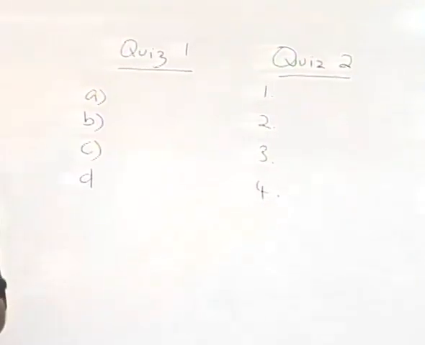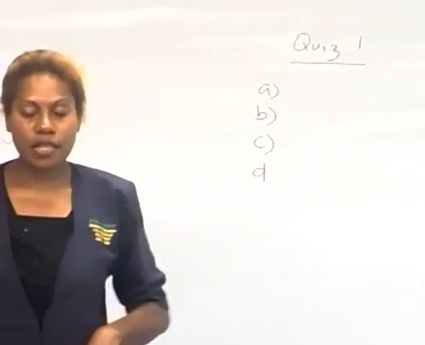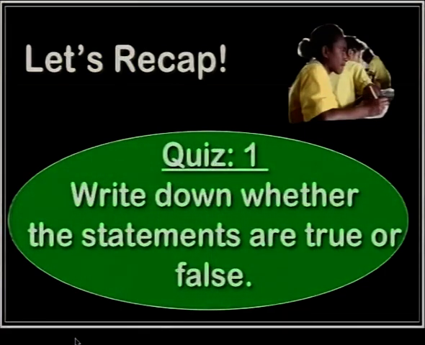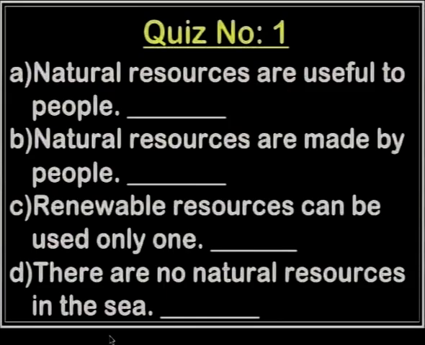We're just going to write our answers, receiving students. Quiz number 1, write down whether the statements are true or false. If the statement is true, you write true. If the statement is false, you write false. 1A.